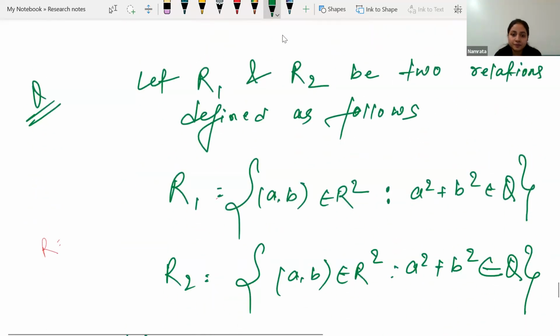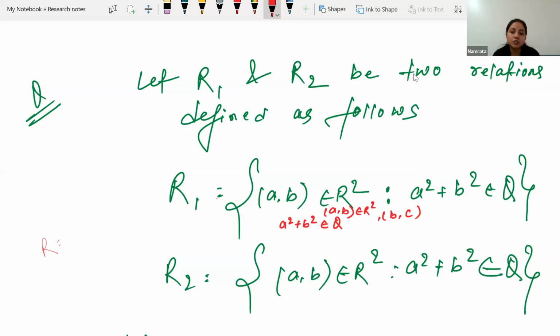So (a, b) belongs to R square, real numbers, where a square plus b square must be a rational number. This is equation number 1. Let's say transitivity, (b, c) also belongs to R square, following the same case, so b square plus c square also belongs to rational numbers.